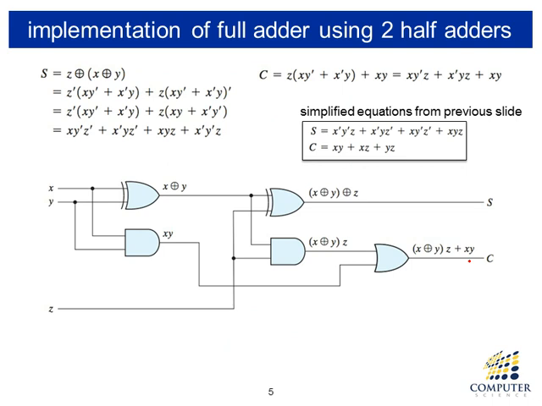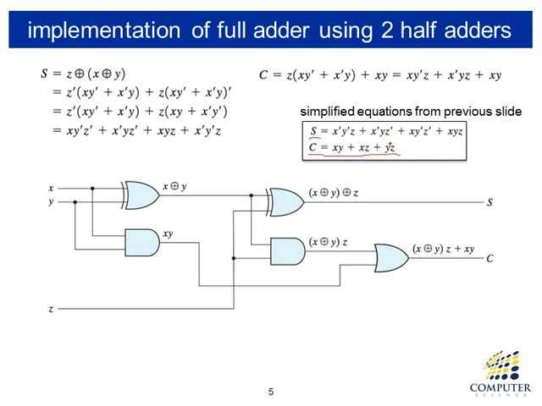Full adder can be constructed using two half-adders, which is less simplified though, but we are going to use this structure for some other purpose in the later slides. So anyway, from the previous slide, we have derived that the simplified equation for S is this, simplified for carry is this.